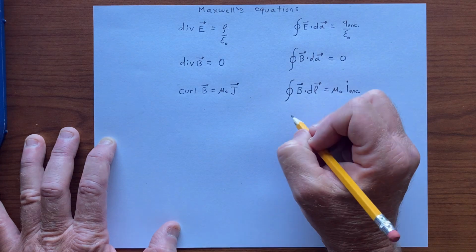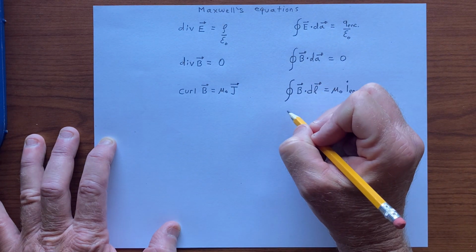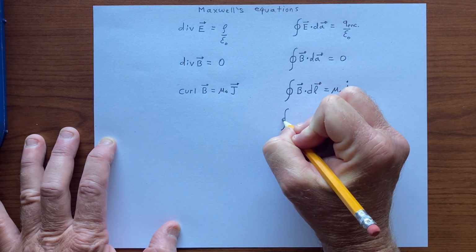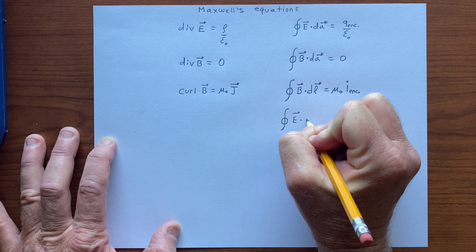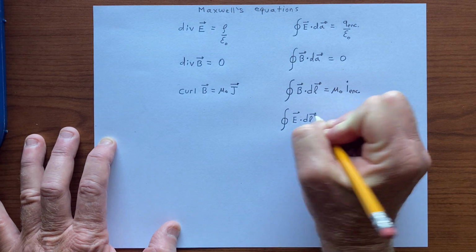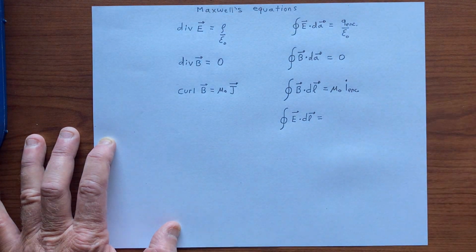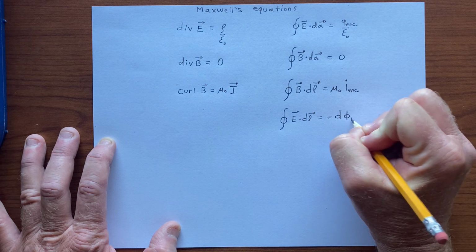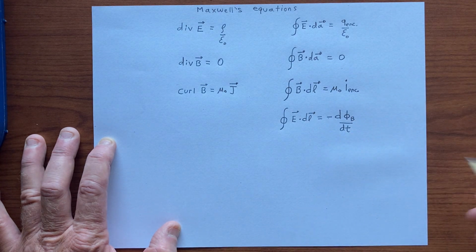And then there is a version of the curl for the electric field. So the closed loop integral of the electric field is equal to minus d phi dt, where phi, or phi b, is the magnetic flux.